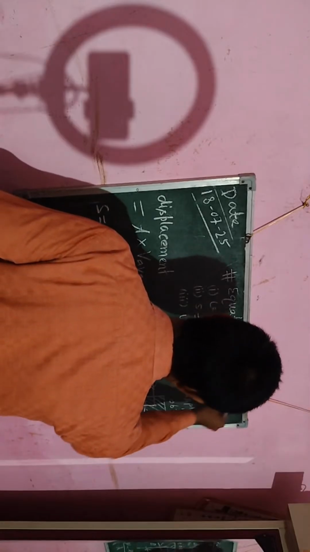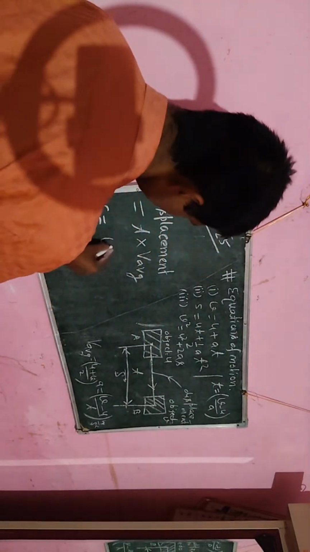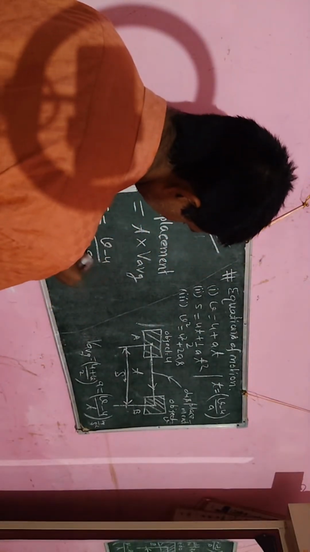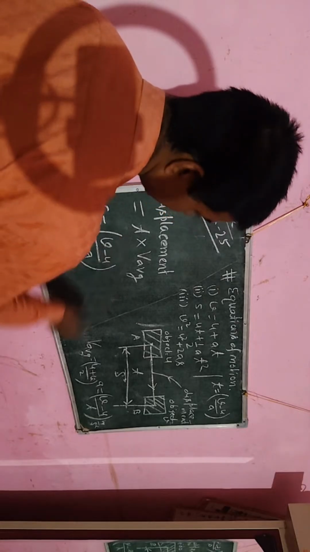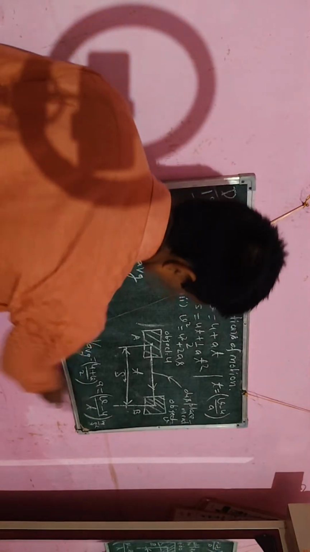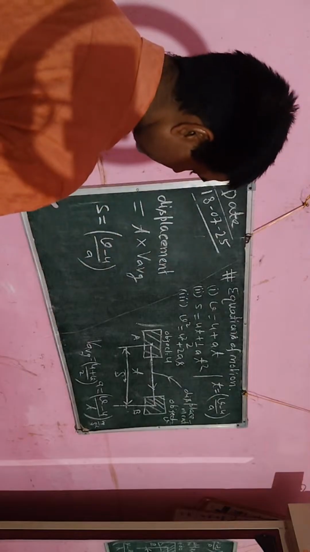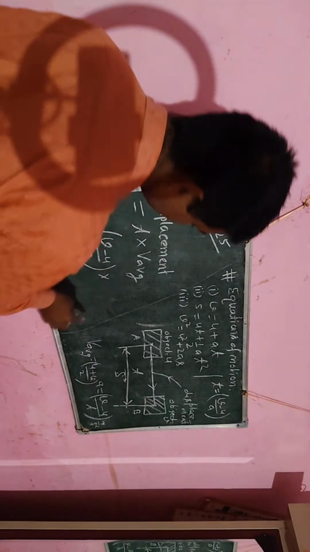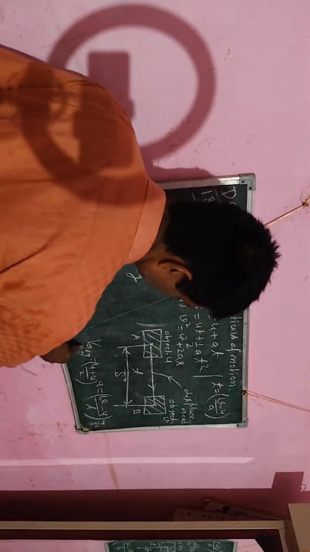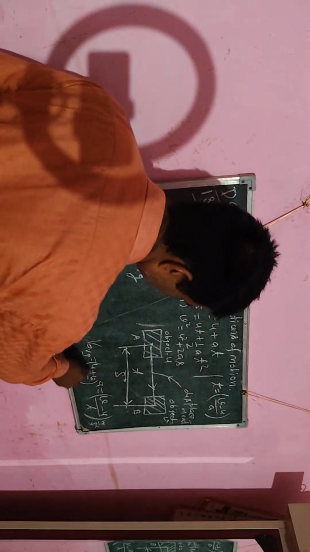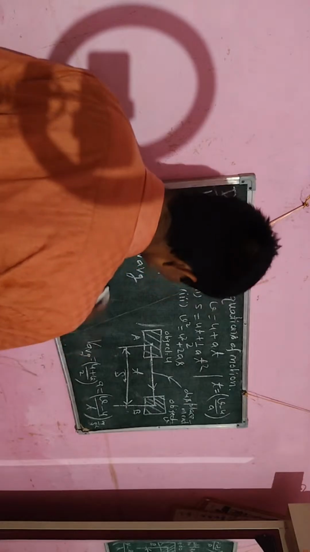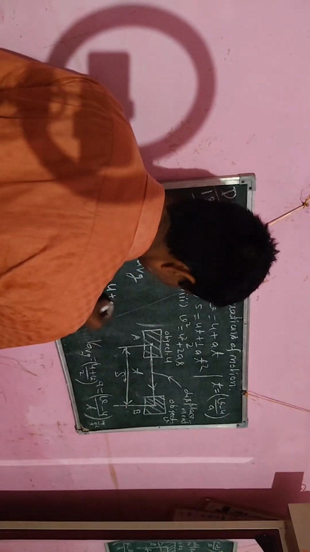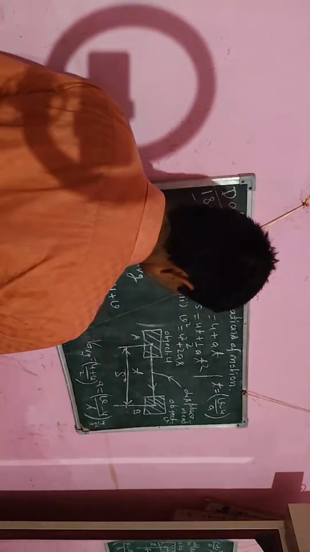I will substitute this value of t here. Now I have to put the average velocity, which I have calculated as u plus v divided by 2. That value I have substituted here.